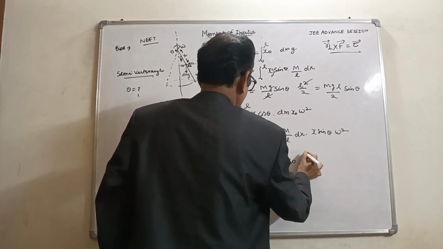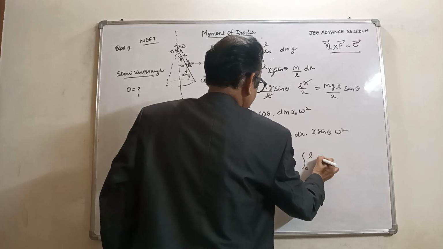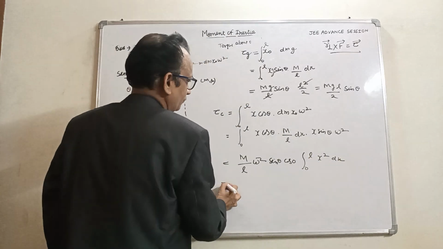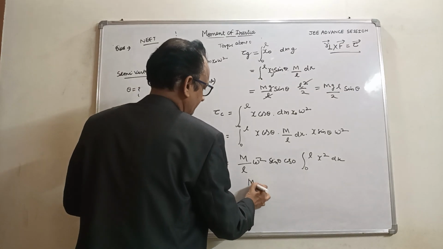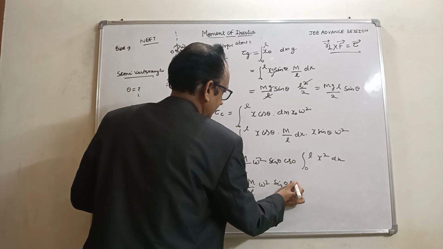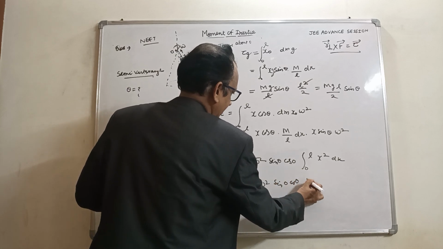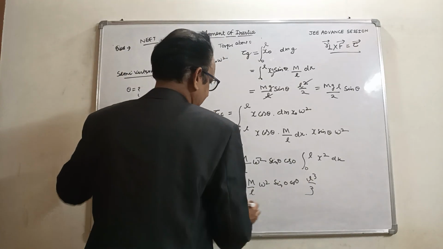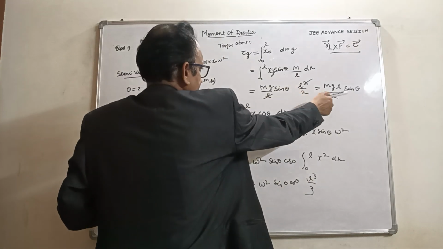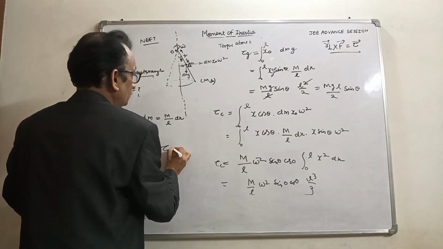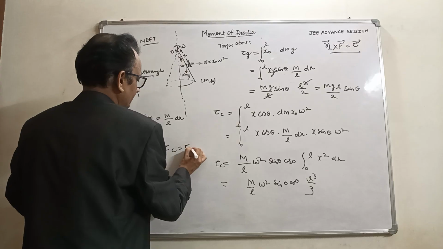This is 0 to L. This becomes x square dx. We know the integration of x square is x cube by 3. This becomes m by l omega square sin theta cos theta and l cube by 3. So one l can cancel out.